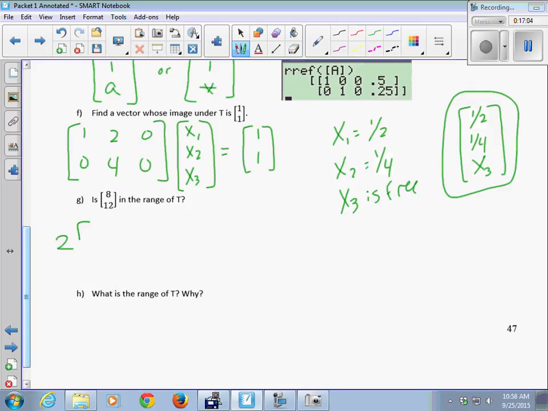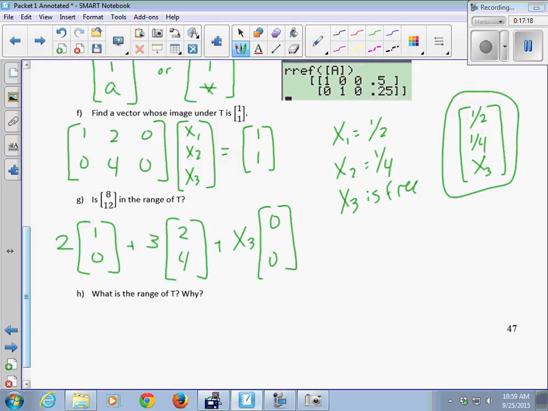2 weight on the first column, a 3 weight on the second column, and then any weight I want on the third column because it's just zeros anyway. Yeah, so that gives me 2 plus 6, which gives me the 8, and then 0 plus 12 gives me the 12.